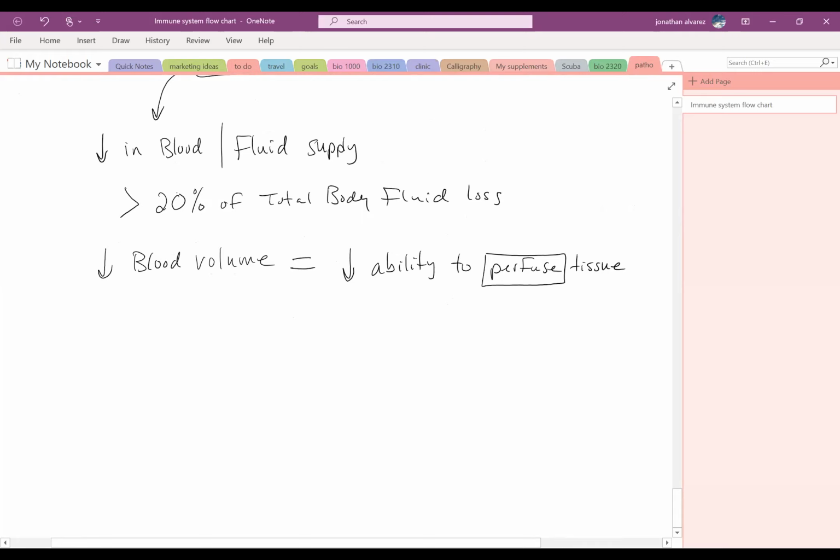Okay. And then when all this happens, you get hypoxia, or decreased oxygen. Then the usual suspects come with the decreased oxygen, all the stuff we mentioned earlier.